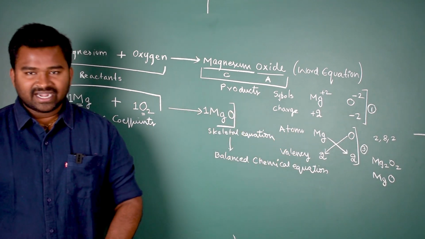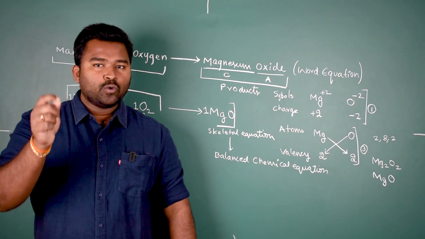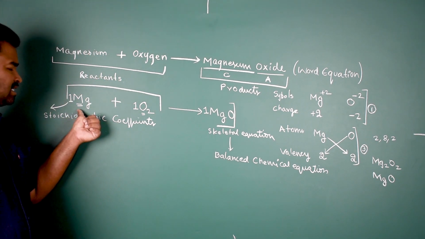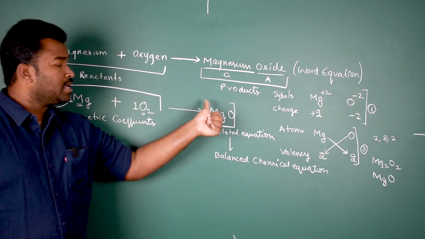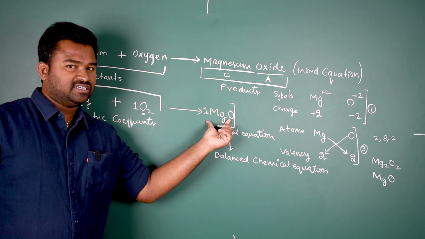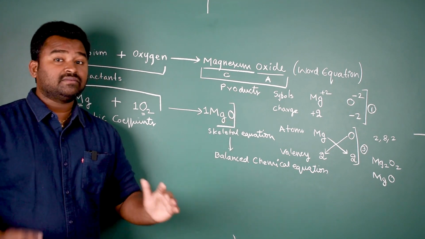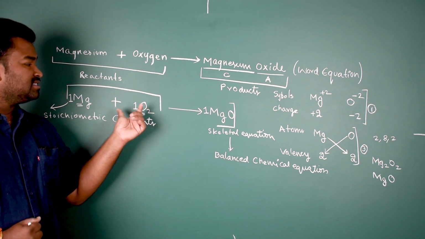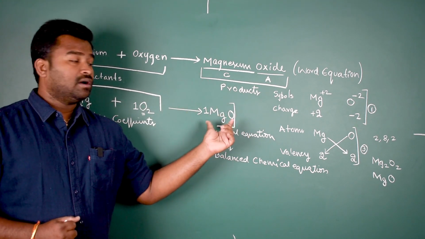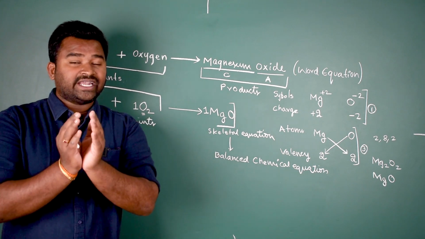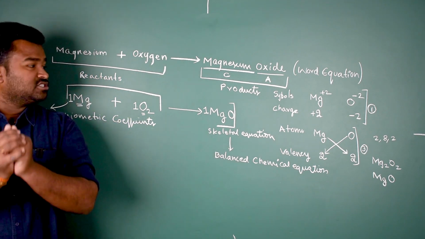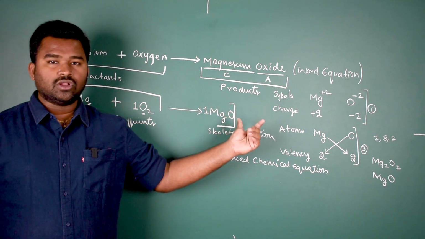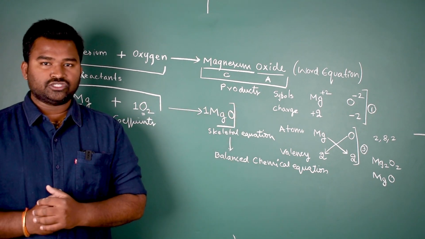So each atom has its own mass, correct? Magnesium has some mass, and even after the reaction it stays as a magnesium atom with mass. Similarly, oxygen has some mass; it comes out in the form of oxide, but the atoms still exist as oxygen. Hence, the mass of the oxygen is not lost after the reaction.